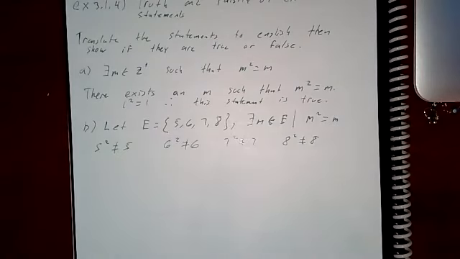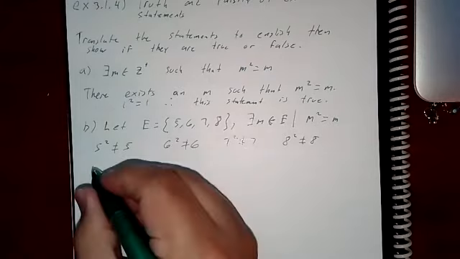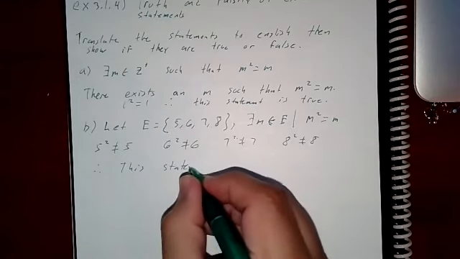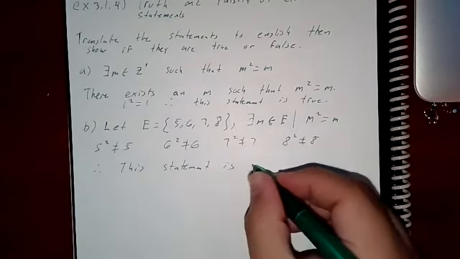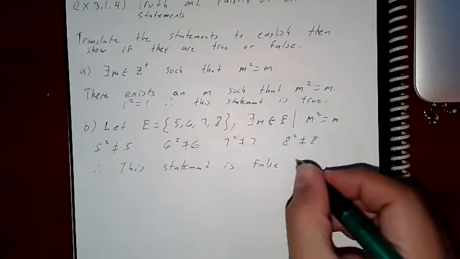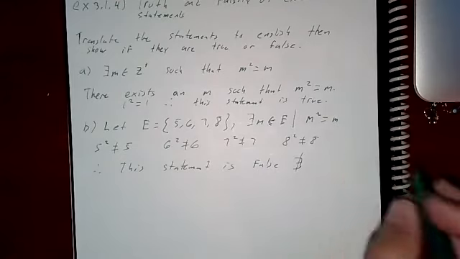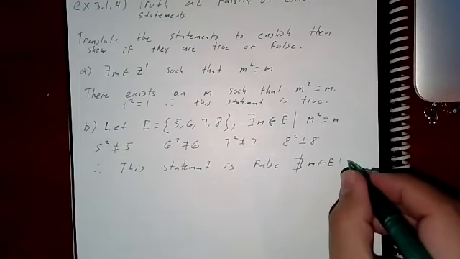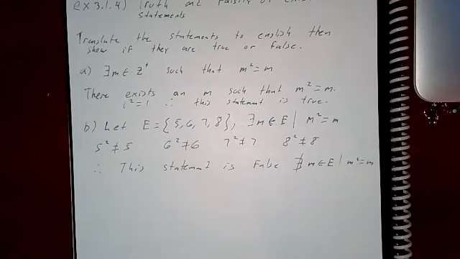So all the elements in E are not satisfying the statement. Therefore, this statement is false. There does not exist an M in E such that M squared equals M.